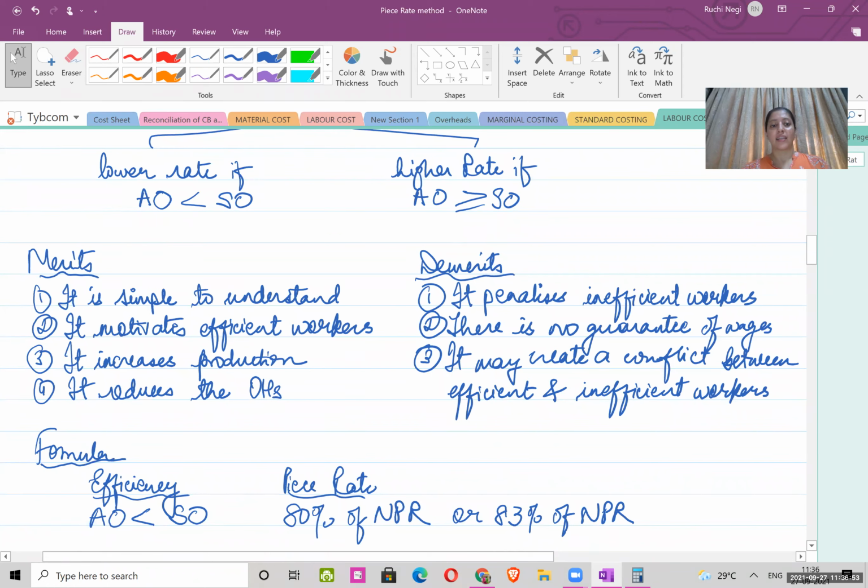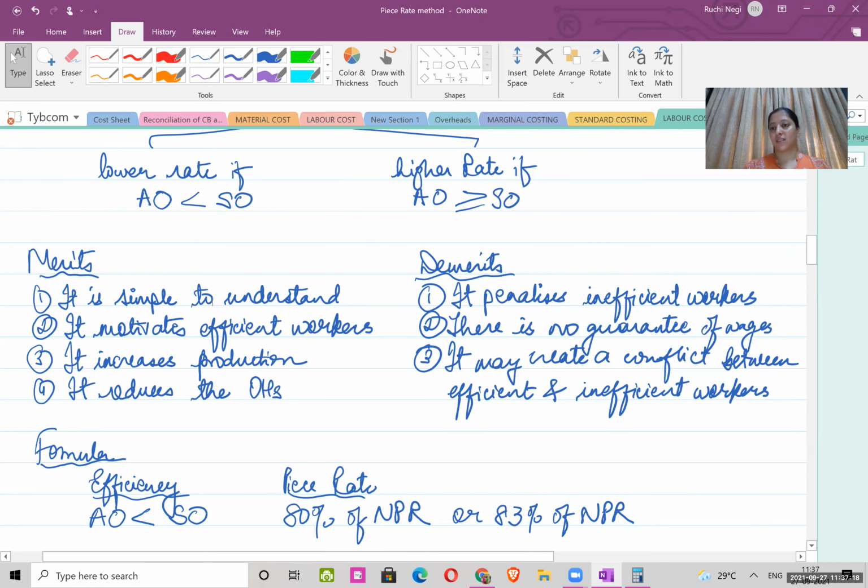It increases production obviously, there will be a zeal in the workers if efficiency is rewarded, to increase the productivity of the manufacturing unit. And overall, when there is an increase in productivity, your cost factor comes down. So that is why it reduces the total overheads cost also.